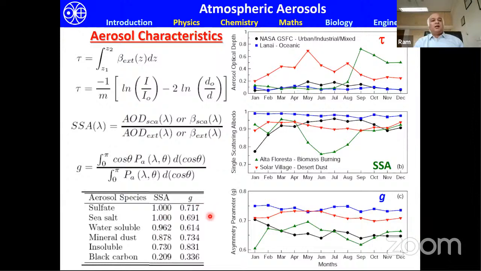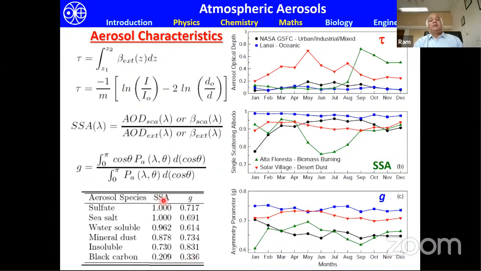If you look at the values, for example, sulfate being a perfect scatterer, the single scattering albedo of sulfate is actually 1, because, as we saw in the figures on the scattering and absorption contributions, the extinction is entirely by scattering in sulfate, versus the extinction being mostly by absorption in black carbon.